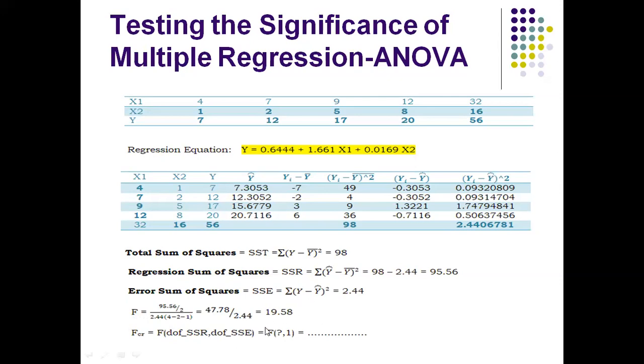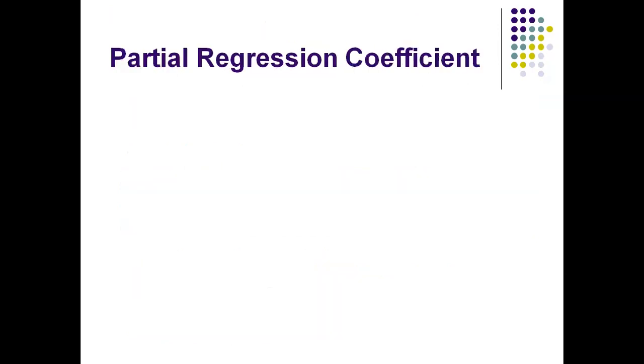In this case, the F value is 19.58, and you will get a lesser critical value, so you need to reject the null hypothesis. It means at least one coefficient, that is beta, is not equal to 0. So y can be expressed in terms of x1 and x2, either x1 or x2. So there is a linear relationship between the dependent variable and the independent variables. This is basically known as the significance testing of multiple regression.